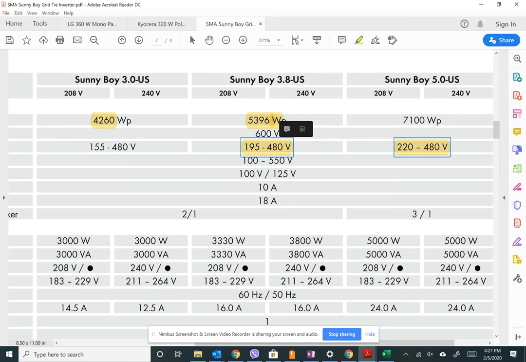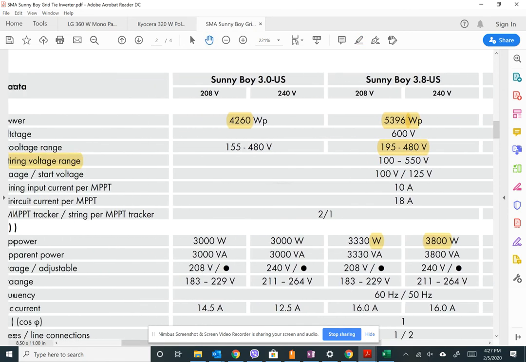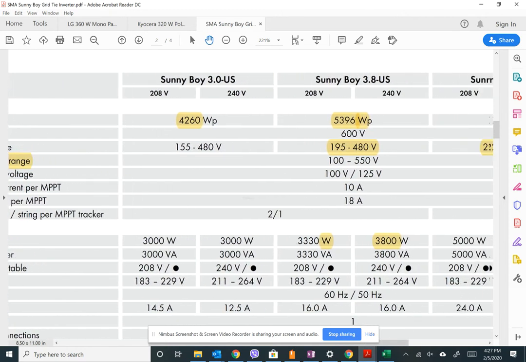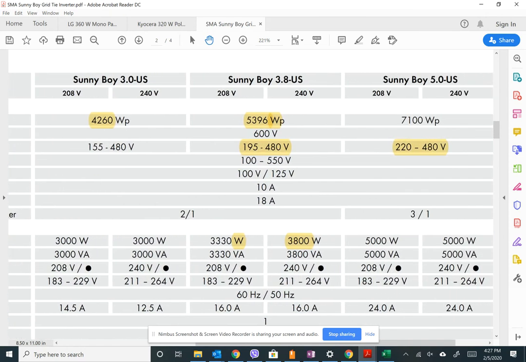If it goes below the min DC voltage, which is 100, let me show you right here. This is the min DC voltage. Then it'll shut off because it has to do, I think, probably the idling power.